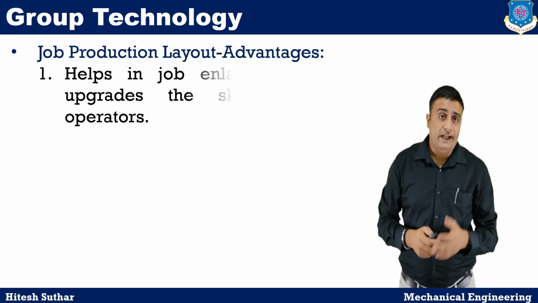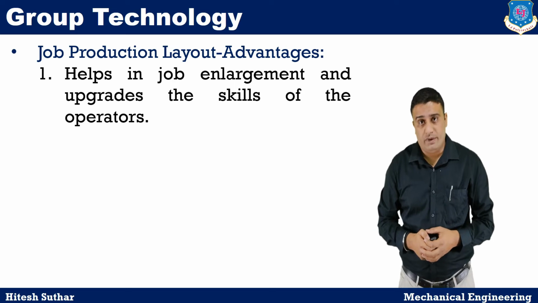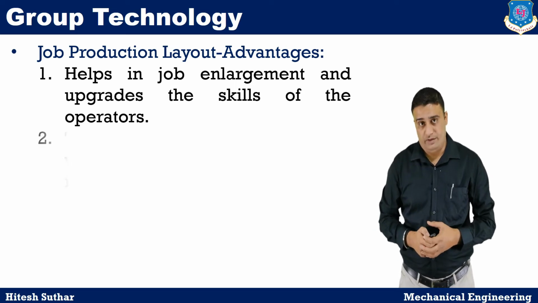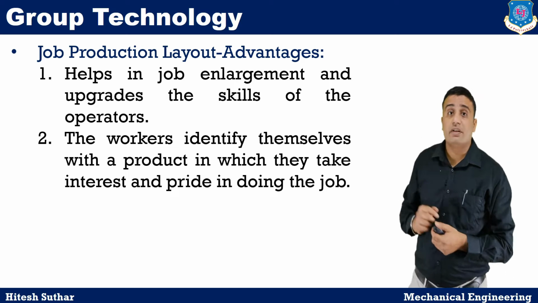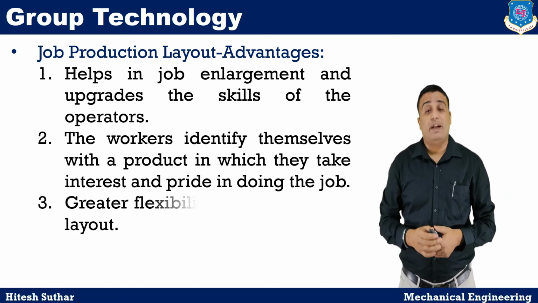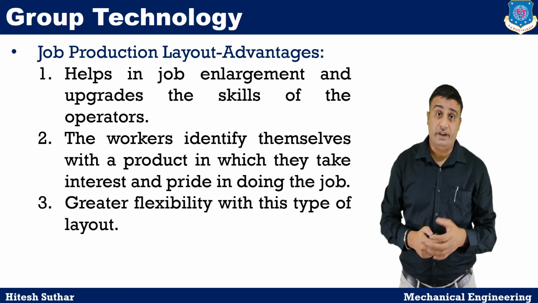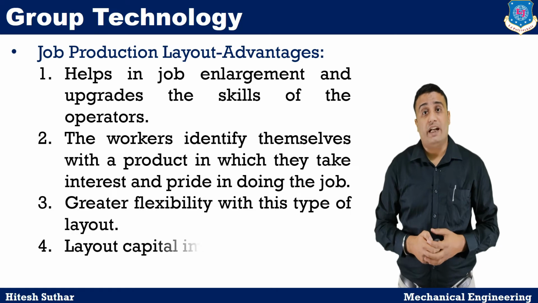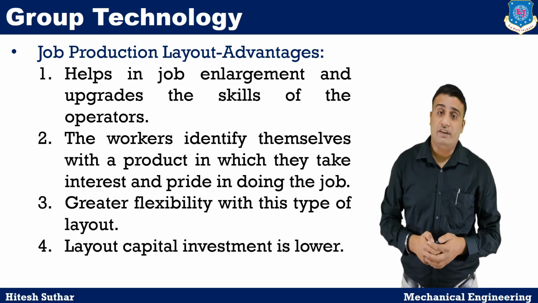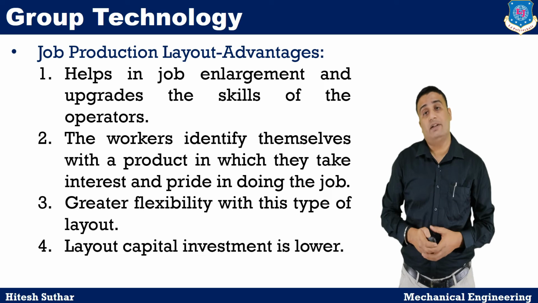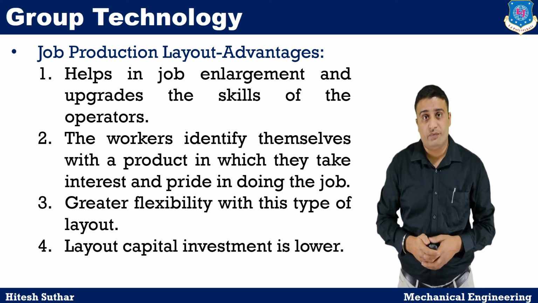Number one, it helps in job enlargement and upgrades the skill of the operator. Number two, the workers identify themselves with the product, in which they take interest and pride in doing the job. Number three, greater flexibility with this type of layout. Number four, layout capital investment is lower. These are all the advantages of job production layout.